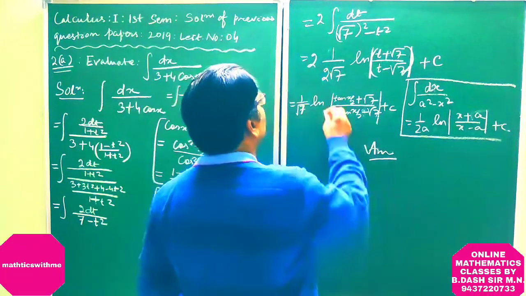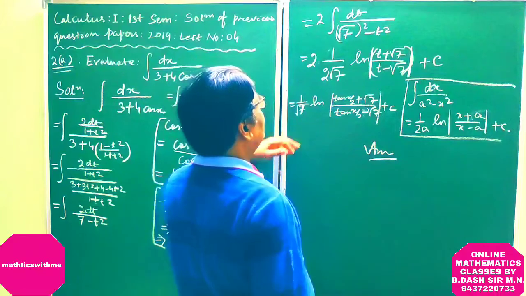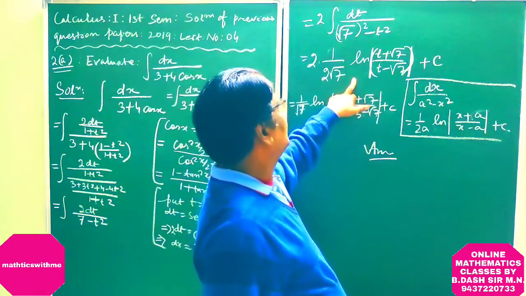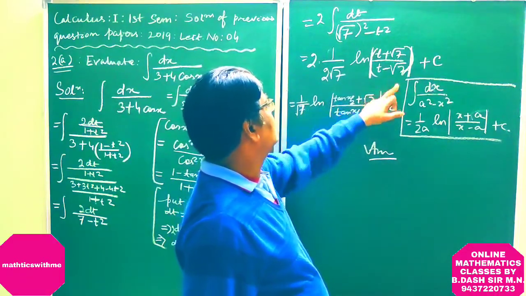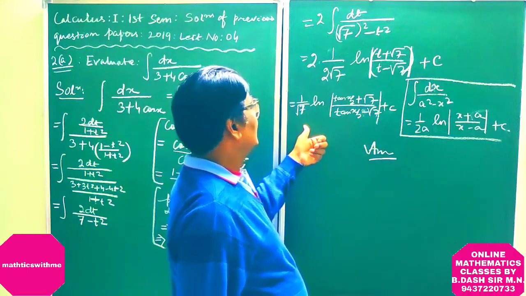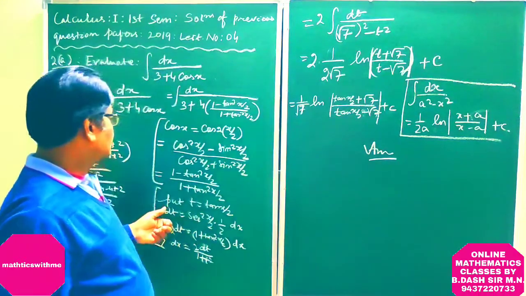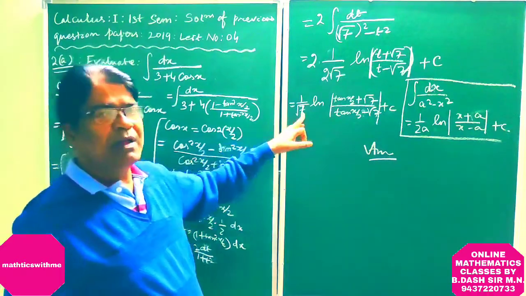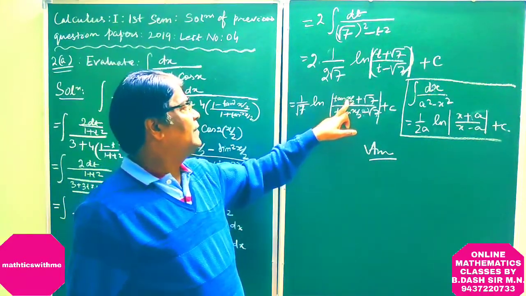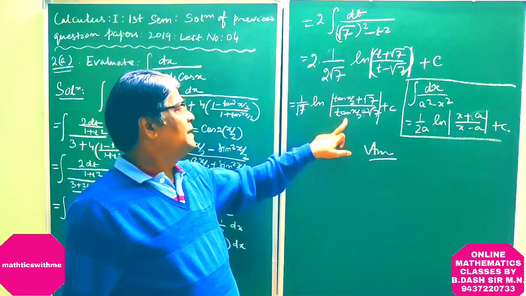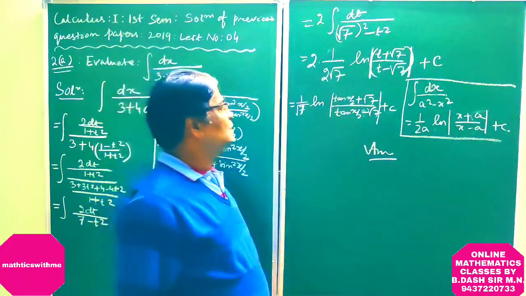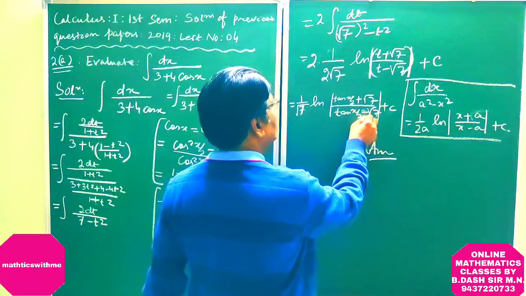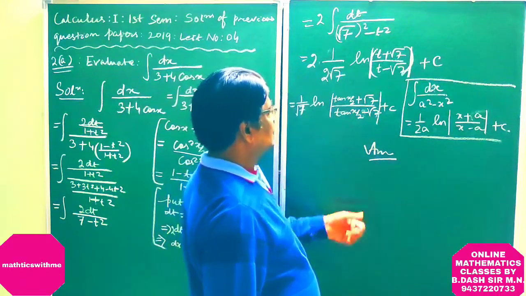This is 2 into 1 by 2 root 7 ln of t plus root 7 by t minus root 7. Now putting the value of t, which is equal to tan of x by 2, we get the final answer: 1 by root 7 ln of absolute value of tan of x by 2 plus root 7 by tan of x by 2 minus root 7, plus c.